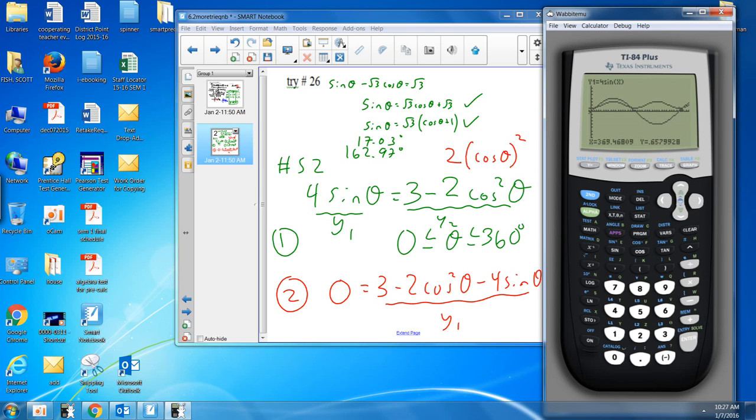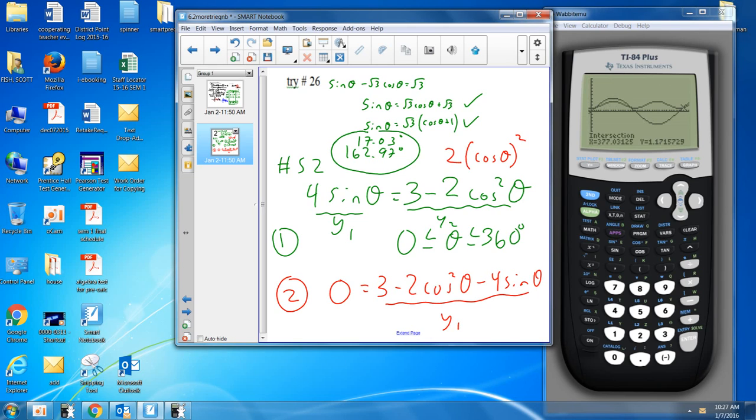But if you wanted to calculate it again very quickly, second, calculate, intersect number 5, first curve, yes, second curve, yes. Guess I'm right on it anyway, and that's going to be 377, so that doesn't matter. So these are your 2 answers that you're going to get. That's one method in doing it. If you like that, stick with it and get your answers.